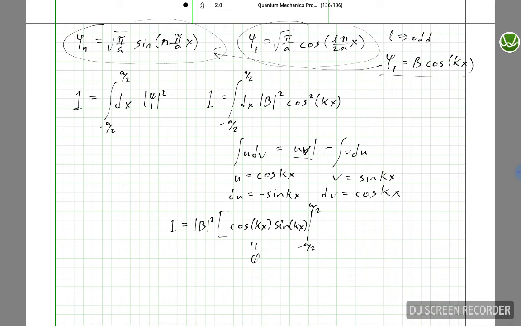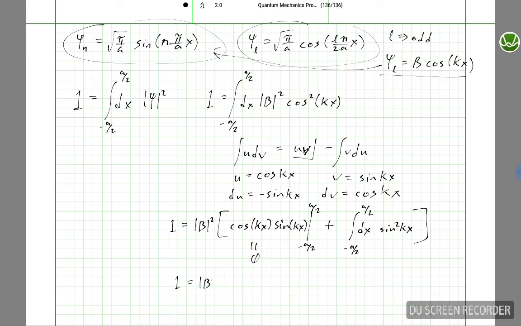And then that is going to be minus the integral from negative a half to a half dx, and now we have v, this guy, sine kx, times du, which is negative sine kx, making that positive. And there we go.